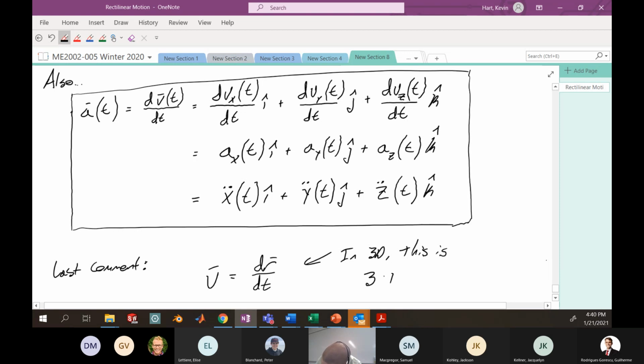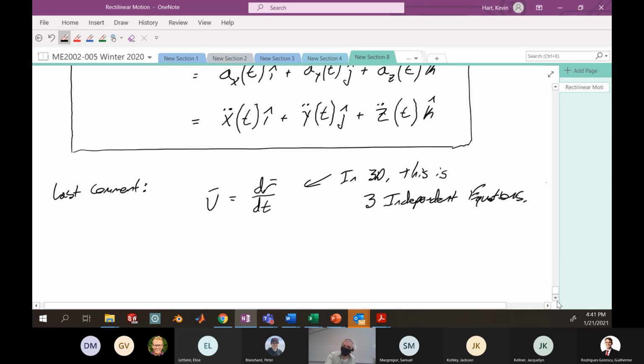And I'll be very clear about this, independent equations. This is assuming that you don't have coupling, meaning your y position is not necessarily dependent on your x position, which might happen if you're giving the location of an object in y space given its location in x space. It's not too far out of craziness, but most of the time the individual scalar parameters of your position are parameterized by time. All right. So that's your last comment here.